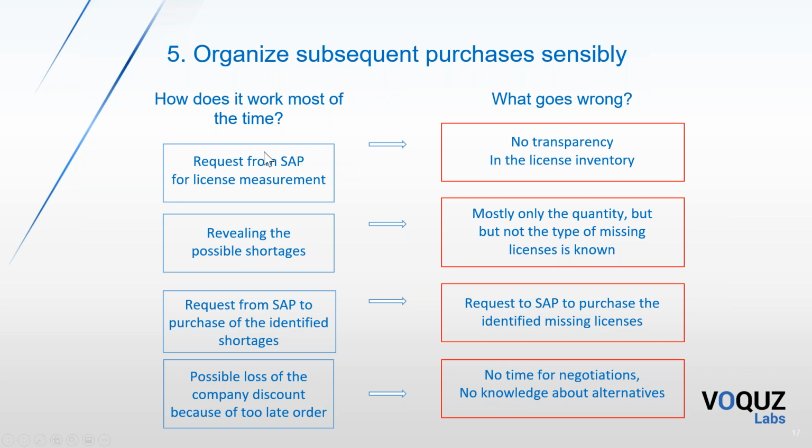So the problem is, once they request you to do a license measurement and you don't know where you are, you can find that you have things that you didn't buy, that you have license shortages, and sometimes it's only a quantity, but sometimes, well, SAP will ask you to mitigate the situation in a way that is not the most optimal.